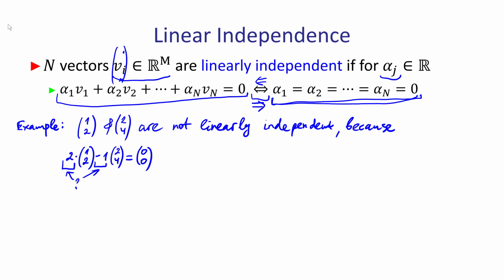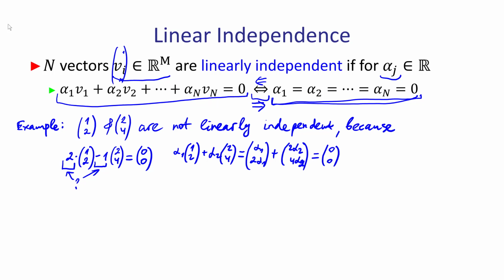To identify those numbers, I need to write a system of equations. First of all, I'm writing them in general form, like that. And then, more explicitly, it's alpha 1 times (1, 2) plus alpha 2 times (2, 4), and this should be equal to (0, 0).